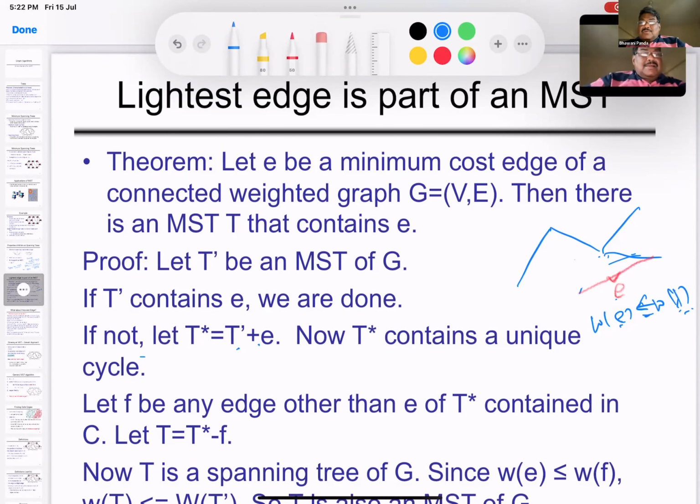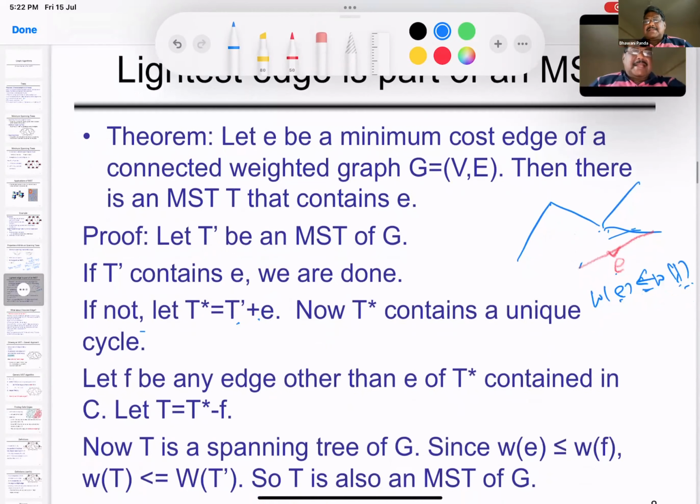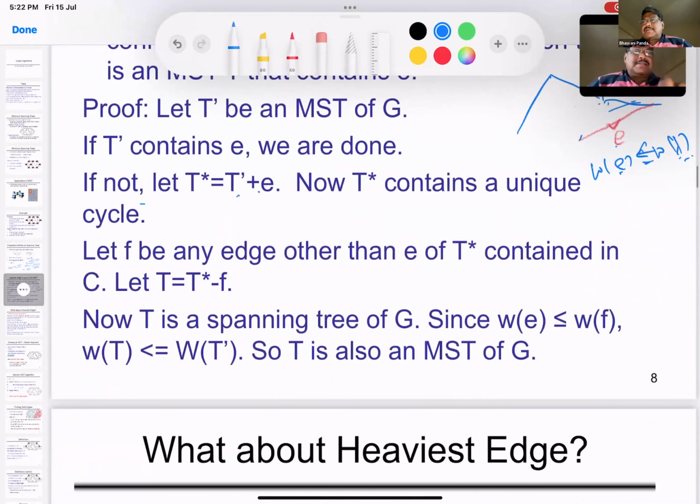That tree is T, where T is equal to T dash plus E minus F. So you have removed the edge F, and weight of E is less than or equal to weight of F, so weight of T is less than or equal to weight of T dash. And T dash was a minimum spanning tree, so E and F will have the same cost. So T also will be an MST, and T contains the edge E.